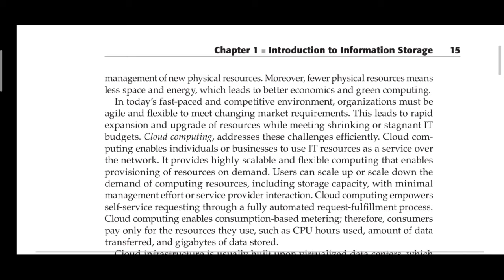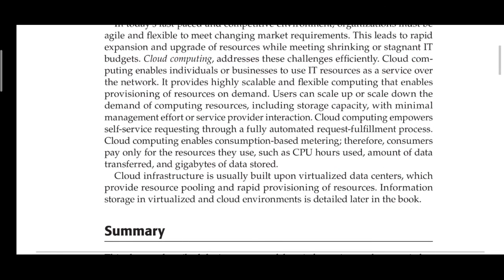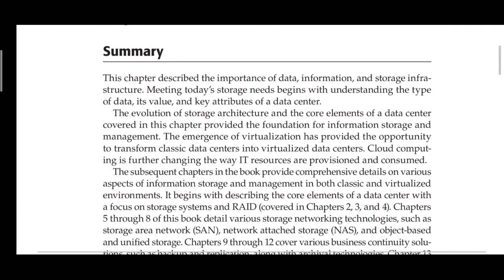This management task is handled by the cloud computing environment. We'll be studying much more about the cloud computing environment in the fourth module as well as the fifth module. So this ends the first chapter of module 1.